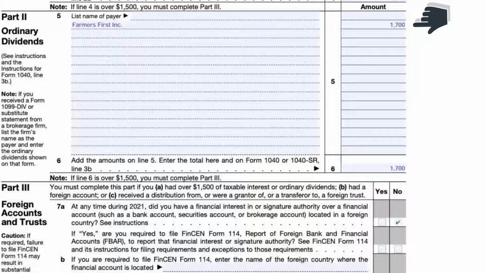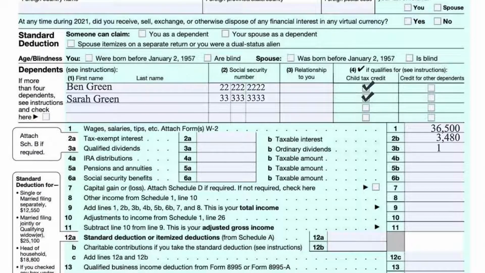This amount is going to be reported on line 5 of Schedule B. Line 6 is the total that was reported on line 5, and if it's over $1,500, you must complete Part 3. She must complete Part 3 because her total amount was $1,700, so it was more than $1,500. Once this is done, she can enter the amount of $1,700 onto line 3B of Form 1040.